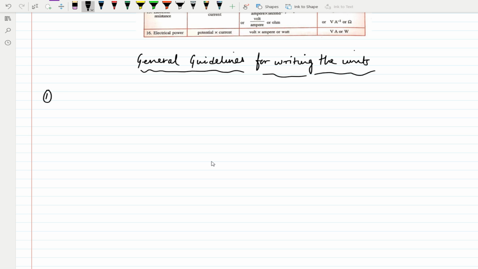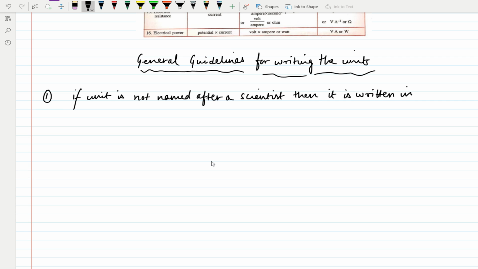So the first rule is that if a symbol for a unit is not named after a scientist, then it is written in small letter.